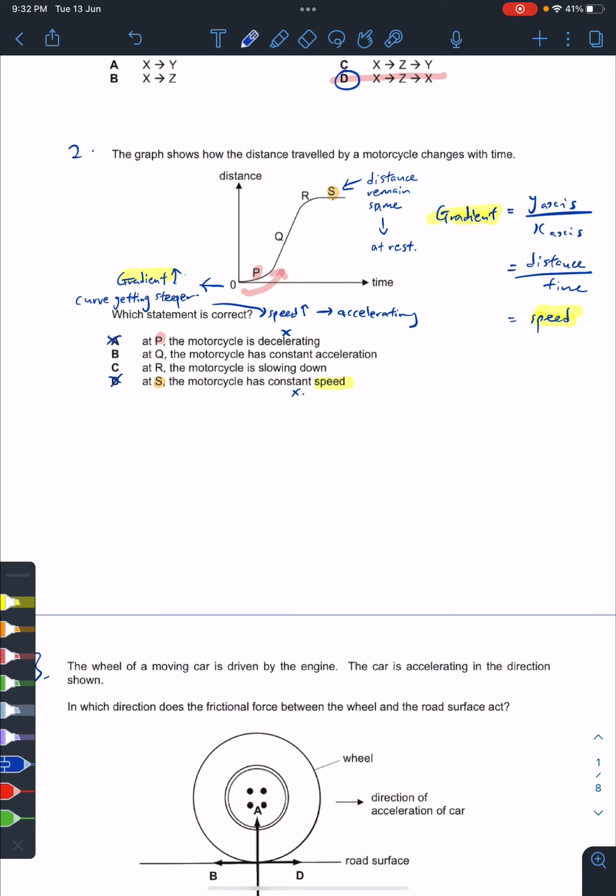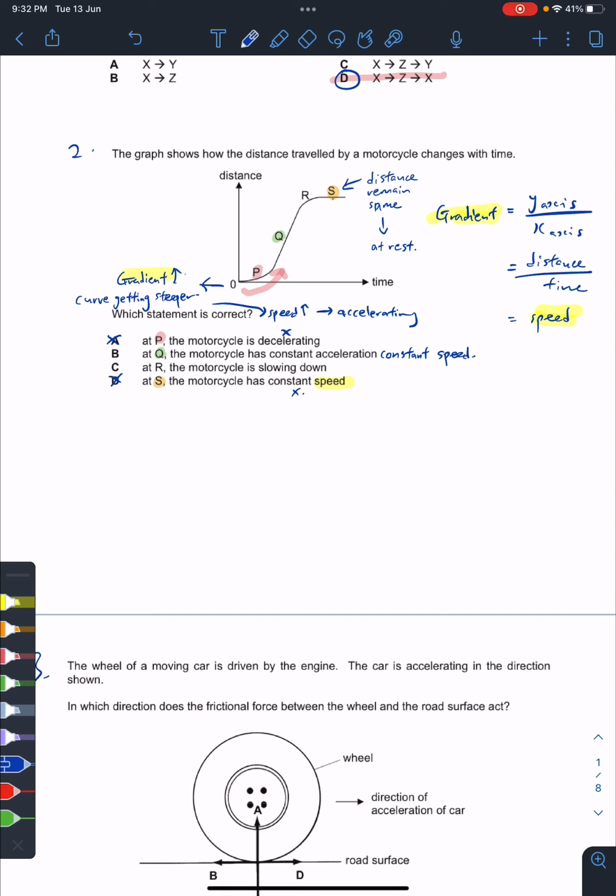So A is wrong. B, green. At Q, we can see that the distance is increasing, but in this case it is actually a constant speed.